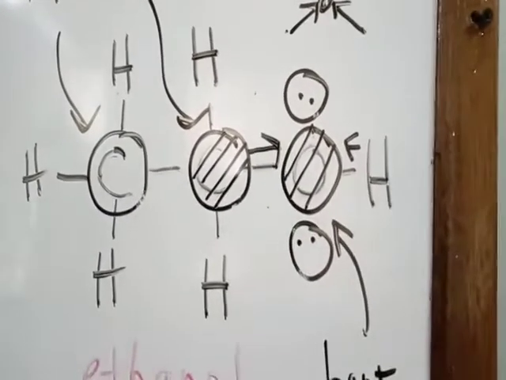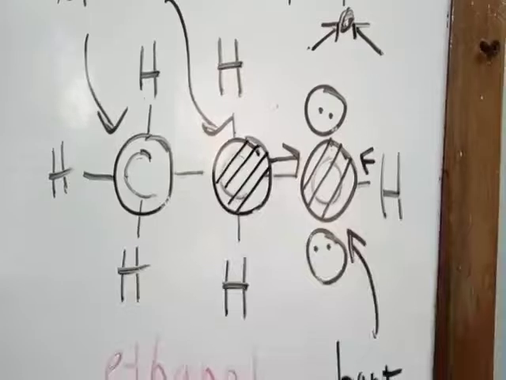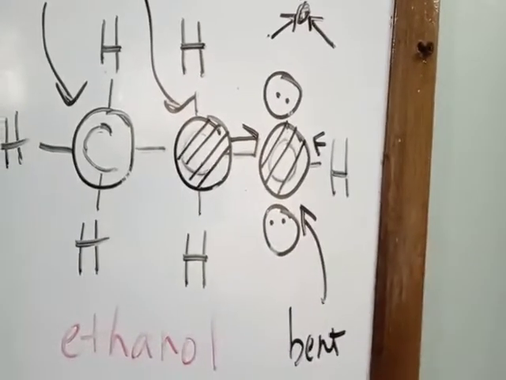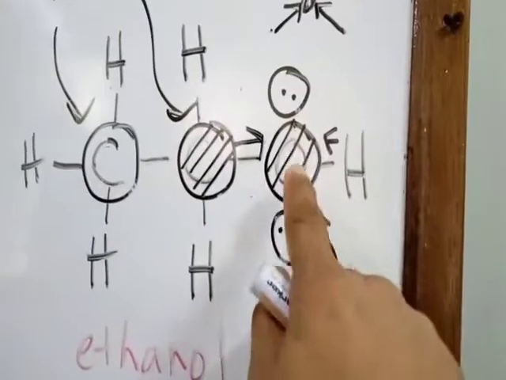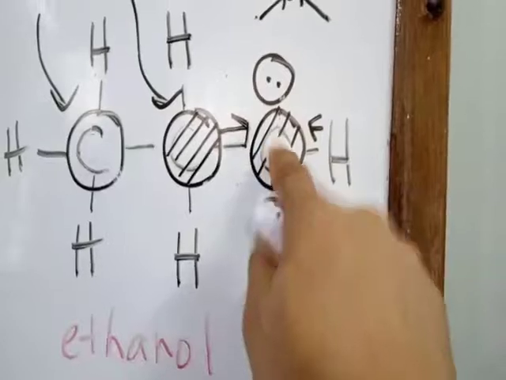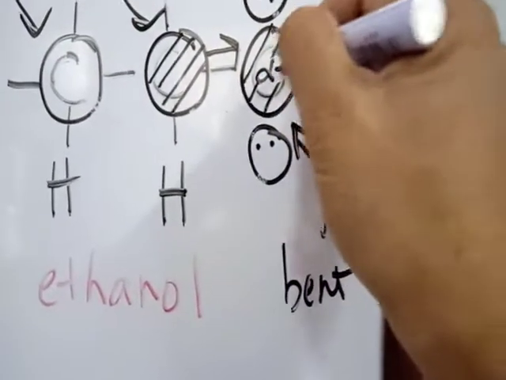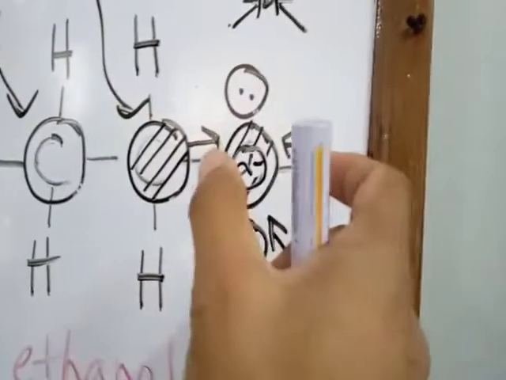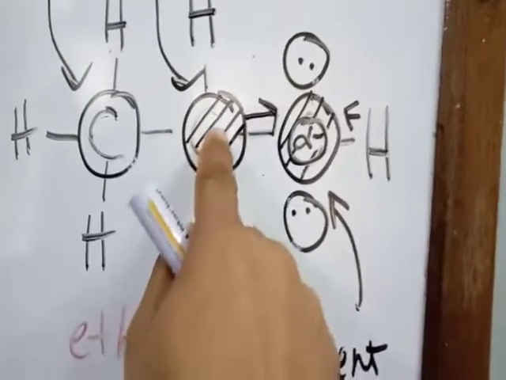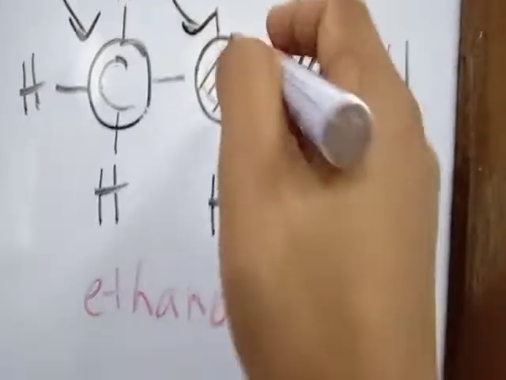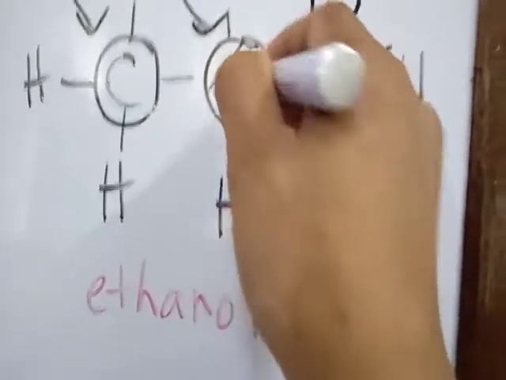Now let's find the partial positive and partial negative. As you can see, it's clear now that this oxygen is partial negative because the electron clouds are coming here and they are moving away from this. This is partial positive.